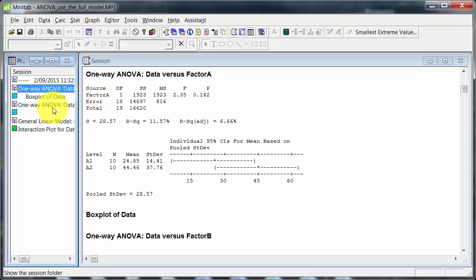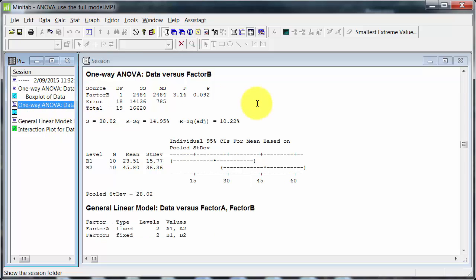If we go and look at factor B and its analysis, it's the same story. 16620, same total sums of squares, 2484. When we go back to the two-factor, we'll see that's the same number. But here, the error term is 14,000, with a mean square of 785.